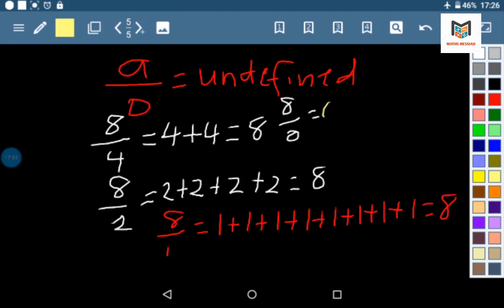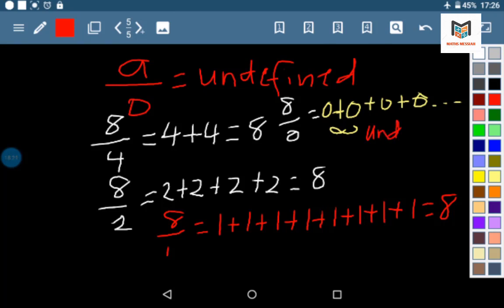We have 0 plus 0 will be what? 0 plus 0 can't give you 8. 0 plus 0 is 0. You add another 0, it will give you 0. Add another 0, it will give you 0. So it will continue till infinity. So here we say that since we cannot continue adding zeros to get 8, it is undefined.